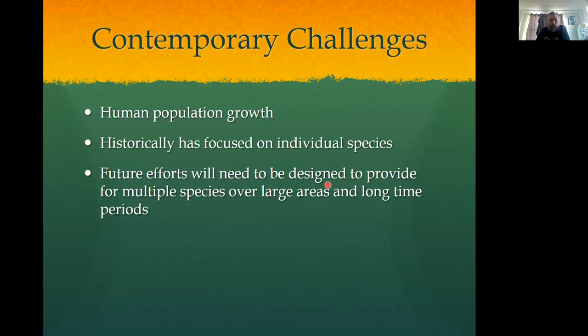As far as stuff that's emerging, contemporary challenges that you guys are going to face as you go out into the workforce, population growth is a big one. You might see things on the internet, always a dangerous idea to go on the internet for anything, where people are talking about the slowdown in reproductive rates here in this country, saying, oh, we're going to have a population crisis.